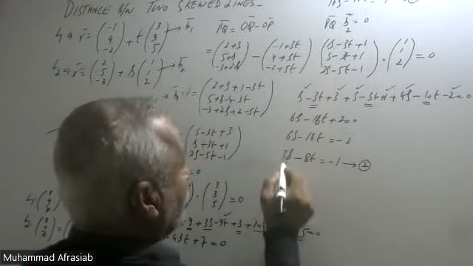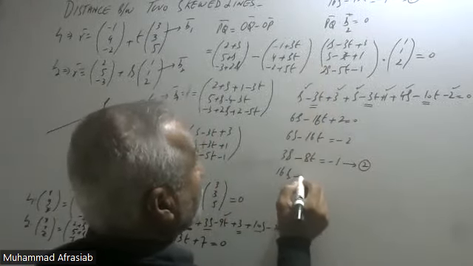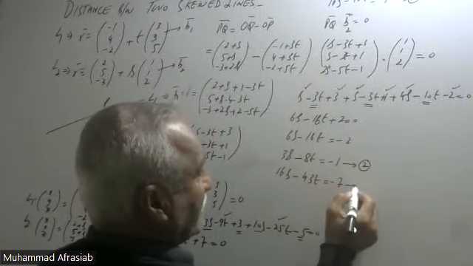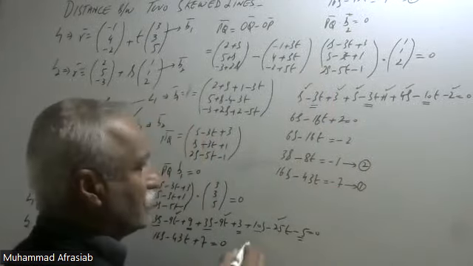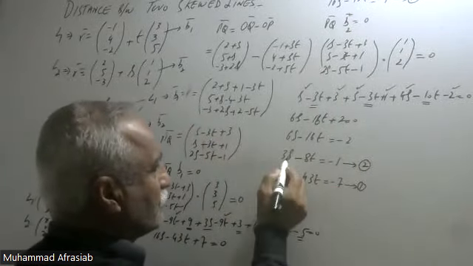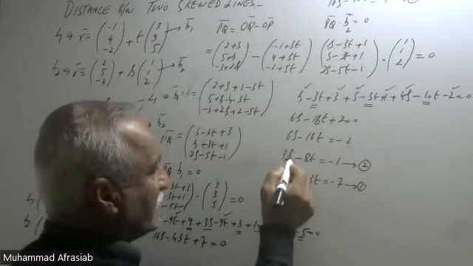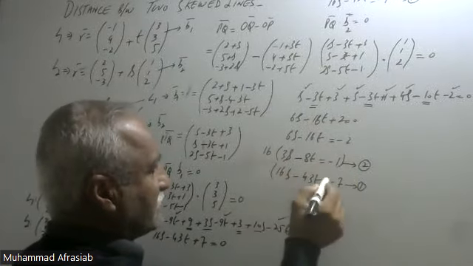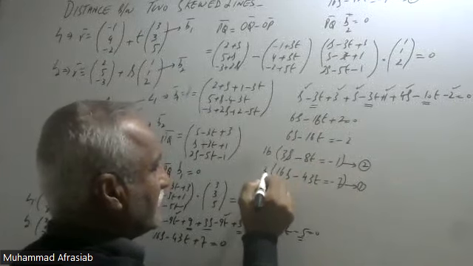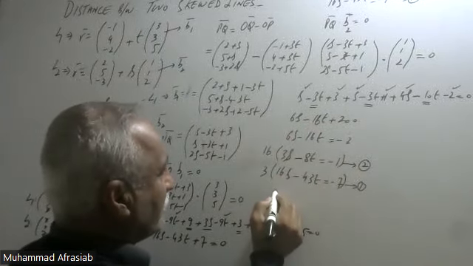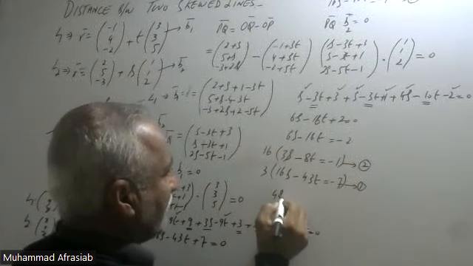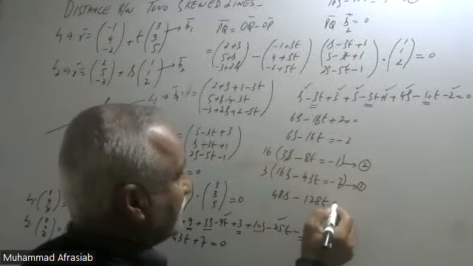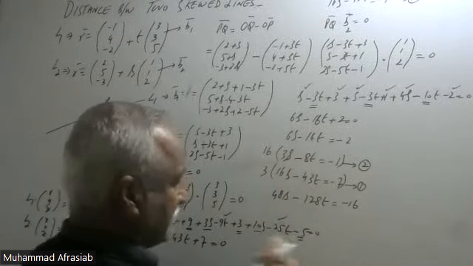And equation number 1 is there: 16s minus 43t is equal to minus 7. Let's say that is 1. Now you can make the coefficients equal in these two. So if we multiply this by 16 and this by 3, then this will become 48s minus 128t is equal to minus 16.